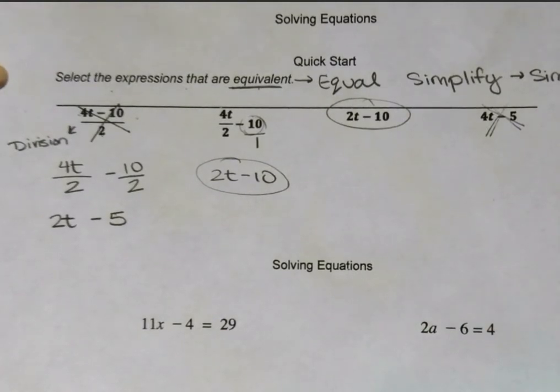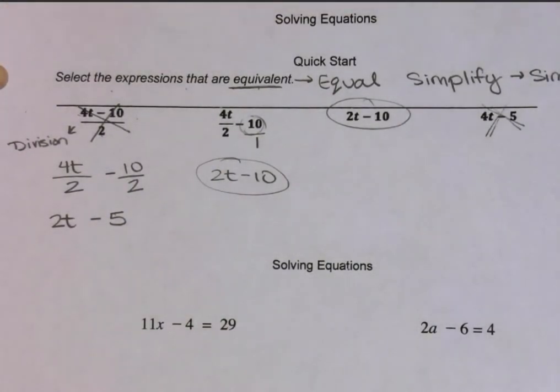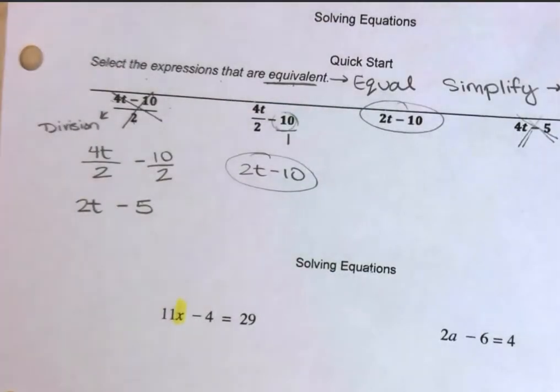When we solve equations, we're always going to do the same steps over and over and over again. So when we isolate the variable, our goal is to always get the variable by itself.